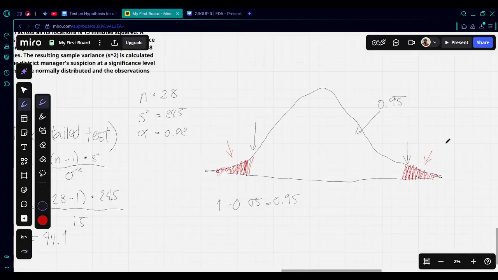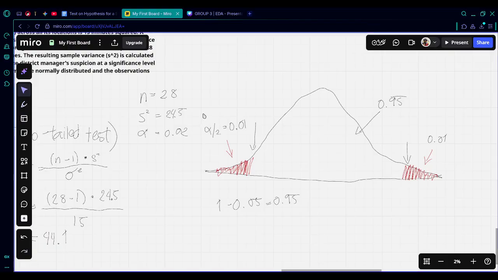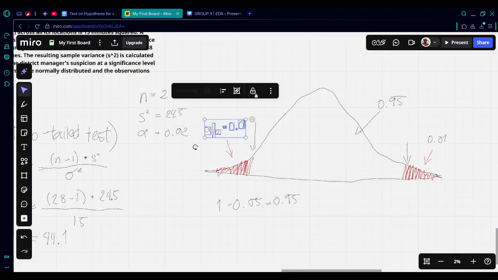We have here 0.02. Since we have a two-tailed test, this is alpha over 2. So the value of that is equal to 0.01. So this is 0.01 as well. Let me change the color so that you won't get confused. We make this one red as well.